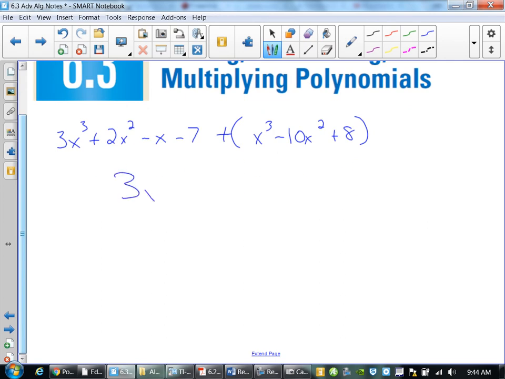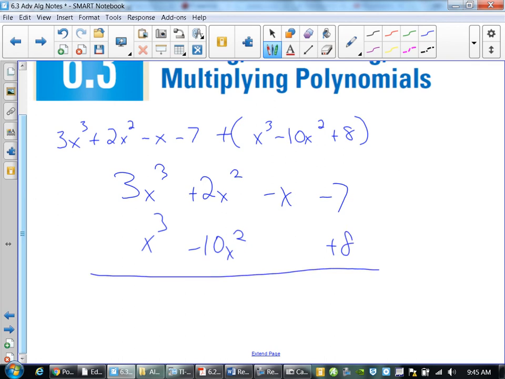So we have 3x cubed plus 2x squared. Notice I'm spacing it out a little bit, and I'm going to line up everything that matches below it. x cubed minus 10x squared plus 8. And I'm adding each one of these, so I'm going to put a plus sign between all of this. What goes here then? 0, because it's just nothing.